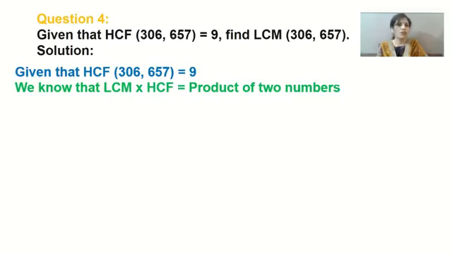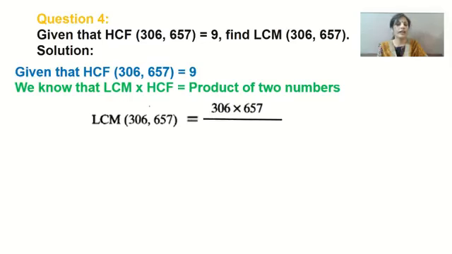We have to find out the LCM. So we'll write, LCM of the two numbers is equal to the product of the two numbers upon the HCF. Now the numbers are 306 and 657. So their product will be 306 into 657 upon the HCF of the two numbers 306 and 657. Now HCF is given to us as 9.